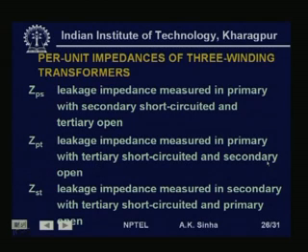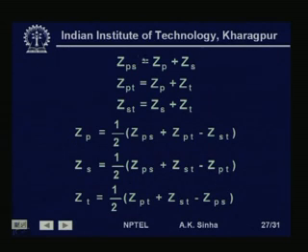That is, you short circuit the tertiary, open the secondary winding, and provide a voltage source on the primary side. Whatever voltage divided by current you get will be the leakage impedance measured in the primary with the tertiary short circuited and the secondary open. Similarly, the leakage impedance measured in the secondary with the tertiary short circuited and the primary open gives us ZST. Now, once we calculate this, we can find out the values of ZP, ZS and ZT as this.